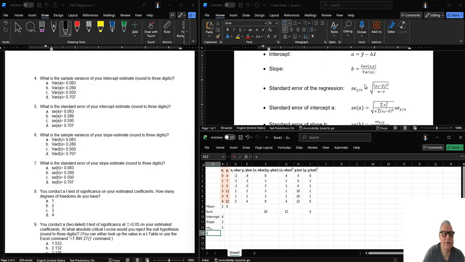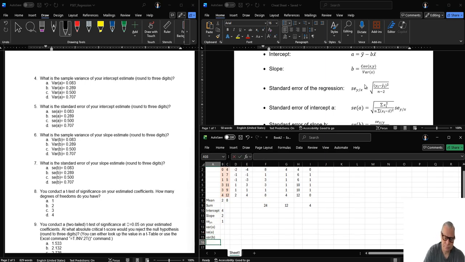So the variance of the intercept is variance of A, and then the standard error of A, and then we have the variance of B and the standard error of B.